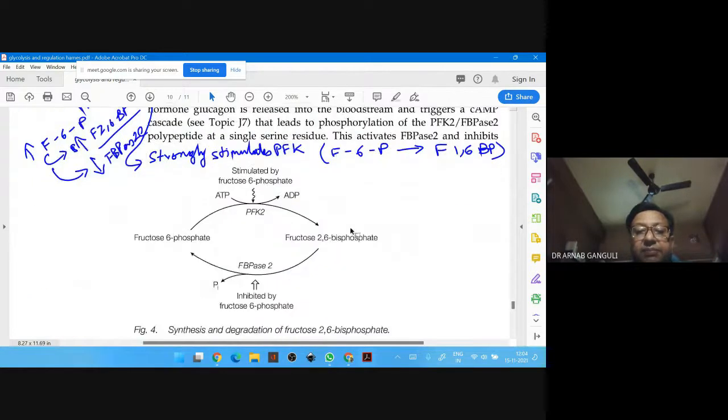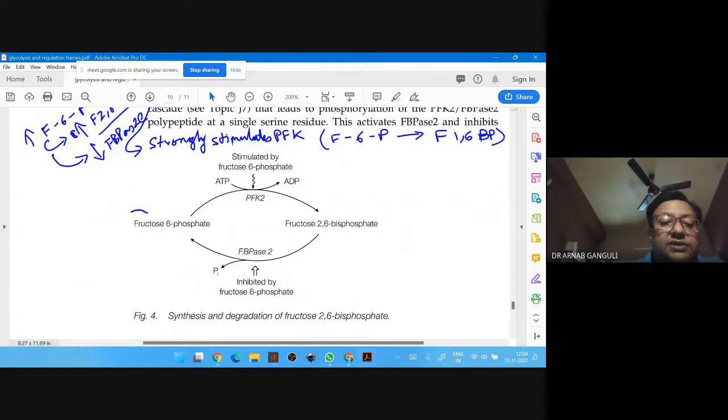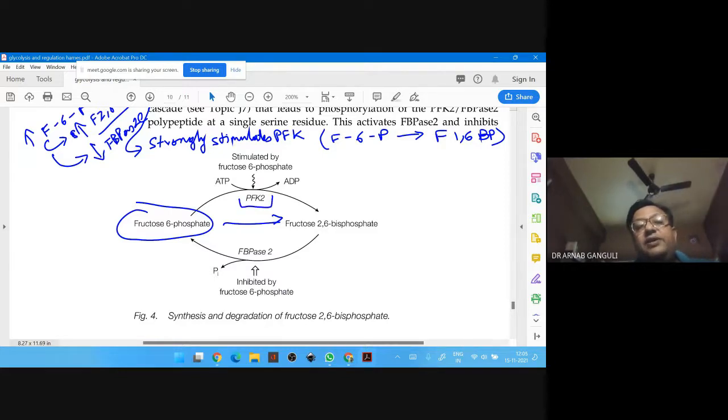So let us see what happens. Fructose 6 phosphate forms fructose 2,6 bisphosphate by PFK2. This PFK2 is stimulated by fructose 6 phosphate. So high amounts of fructose 6 phosphate stimulate PFK2 to form more fructose 2,6 bisphosphate.